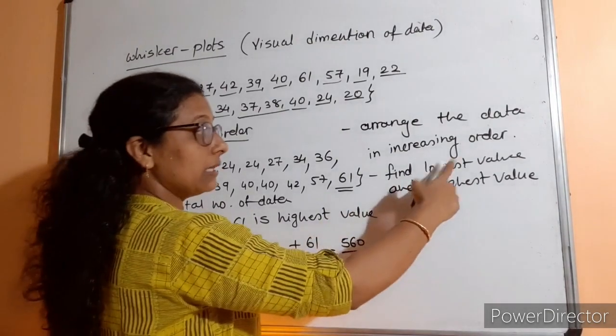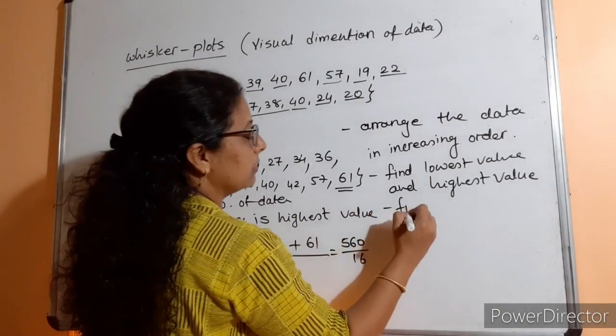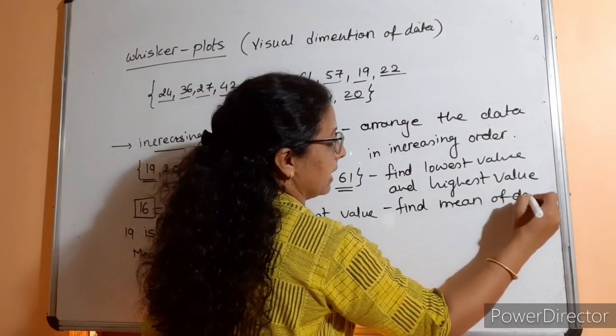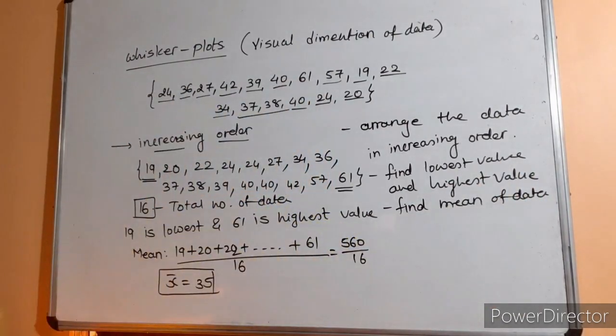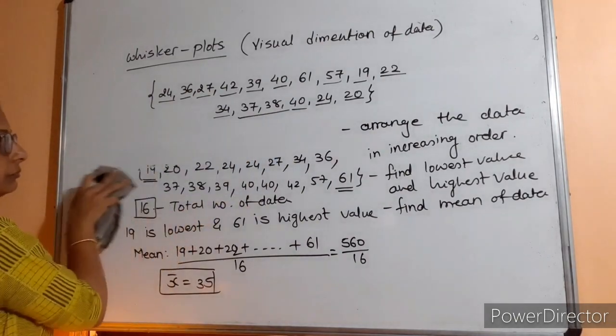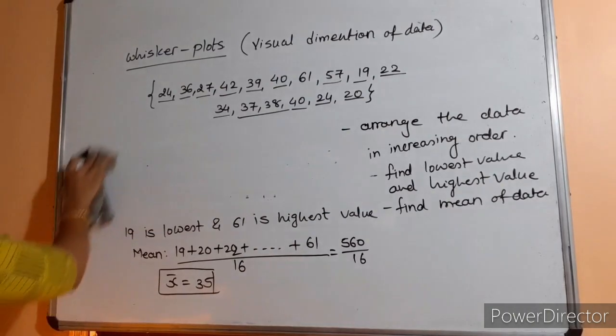So, when you find the lowest and highest value, you will find the mean of the data. Right? The third step is to find the mean of the data. Now again we go ahead, we want to find the median of the data.